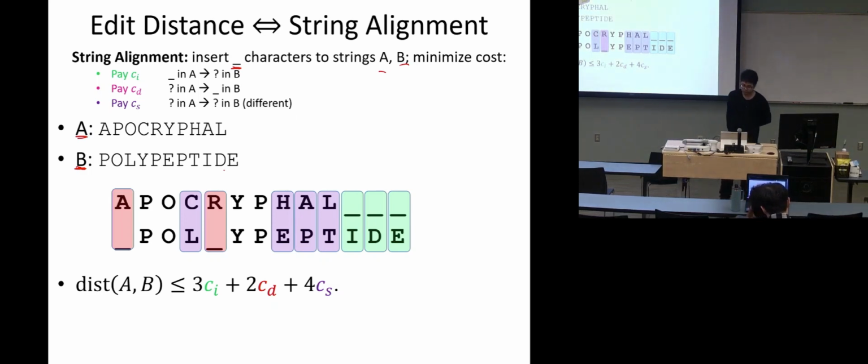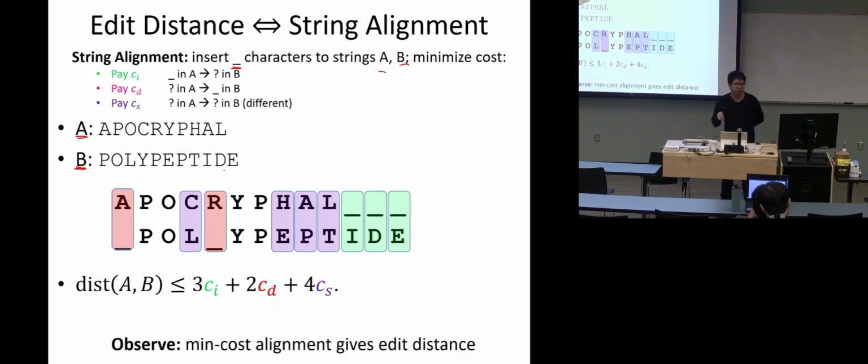Okay. Basically what we want to do is find a minimum cost alignment. If you find a minimum cost alignment, it gives you the best way to edit from A to B. Before I go forward, does the problem make sense?